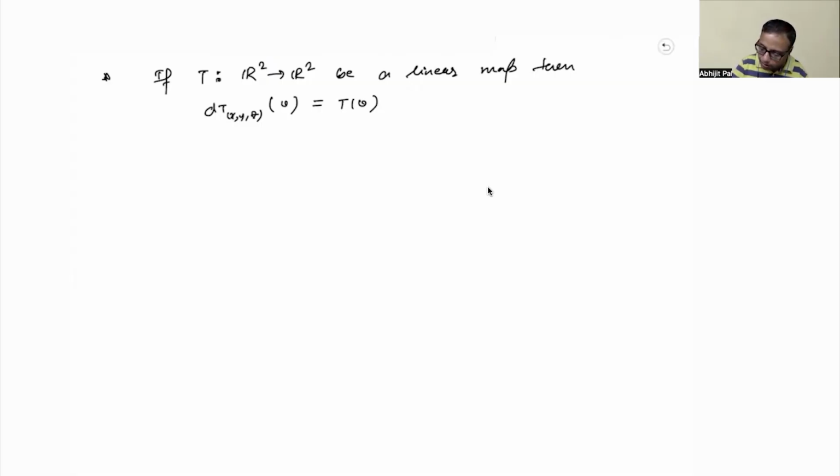And now let me give you the definition of local diffeomorphism.